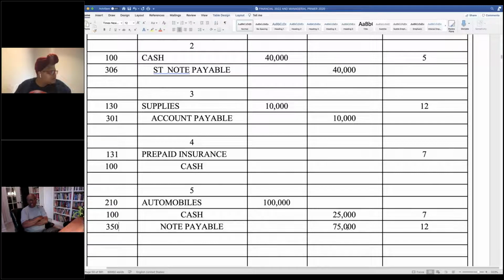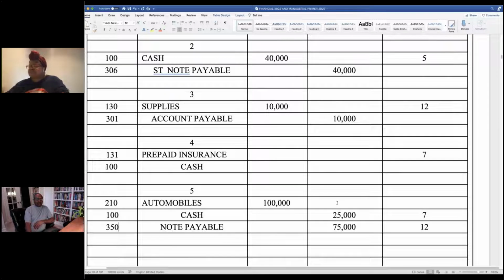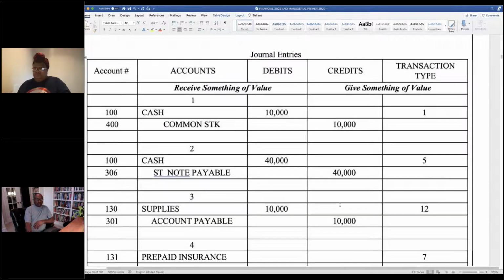For the person who's getting that money in the future, it's good for them. Any questions on this transaction, how it works? Make sure whenever you make a journal entry, debits equal credits. Sometimes there's more than one part to it. That's how it looks.